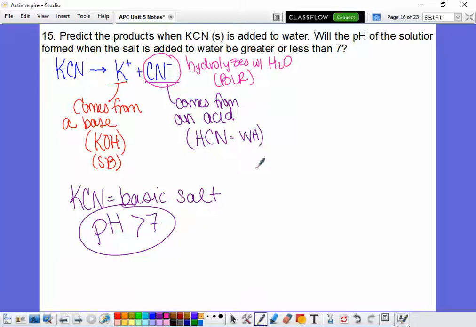Okay, so what ends up happening is that when you add KCN to water, it does completely dissociate. And then there's a secondary reaction that occurs between the CN- and the H2O. And so what would the products of that reaction be?